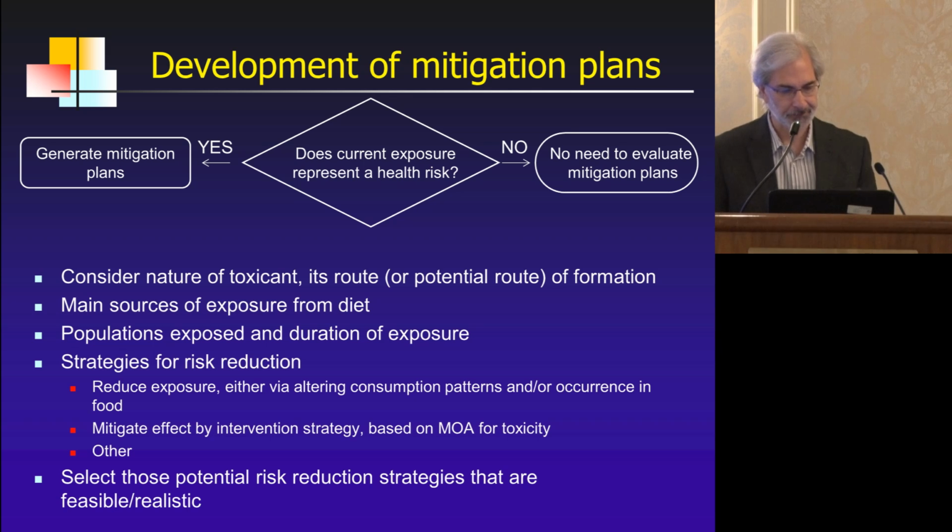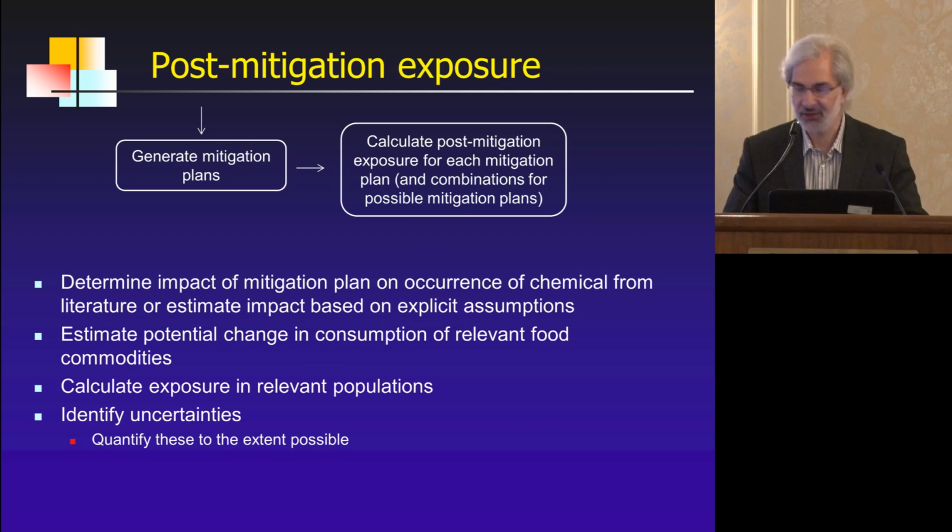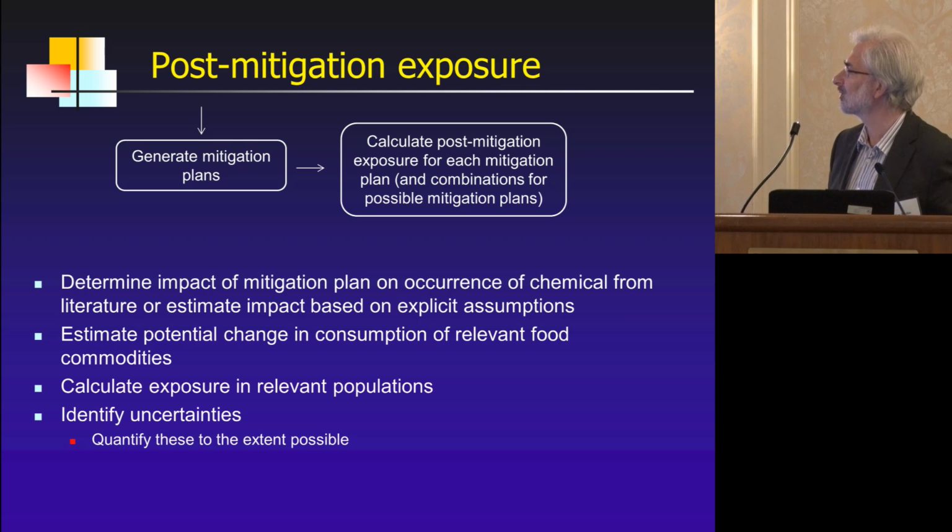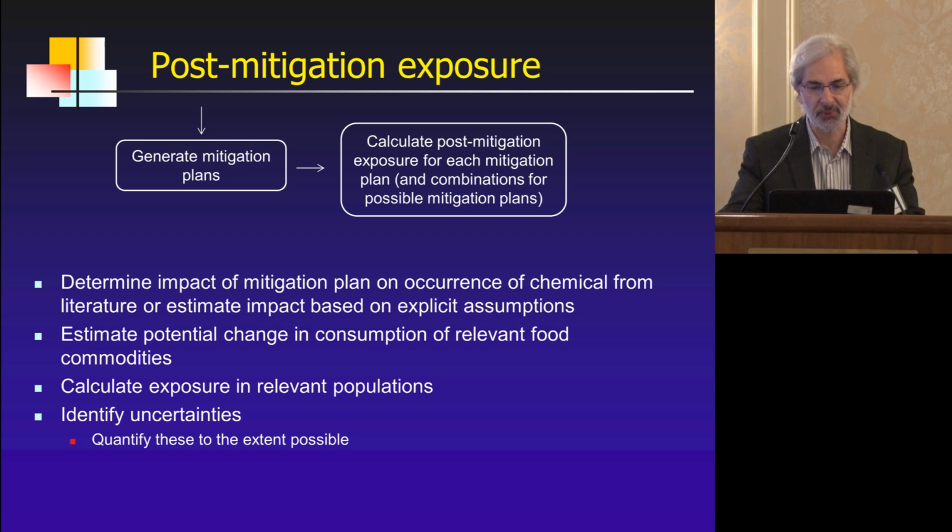Then, having generated these plans and identified which you're going to go forward with, at least to consider, calculate post-mitigation exposure for each plan and combinations or rational combinations of possible mitigation plans. We heard for some of the examples this morning where it wasn't a single strategy that was proposed, but several different strategies.